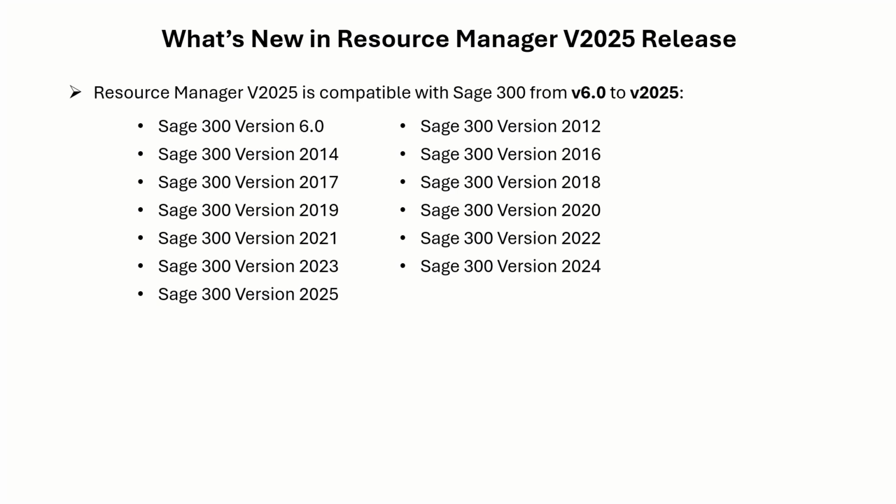Resource Manager version 2025 is compatible with 6300 from version 6.0 to 6300 latest version 2025. This is the full list of 6300 software versions the RM version 2025 can support.